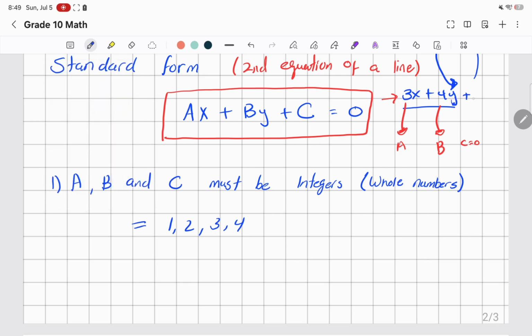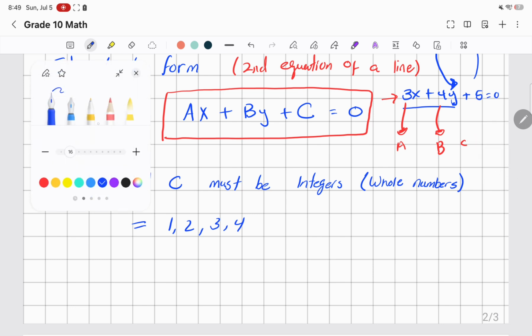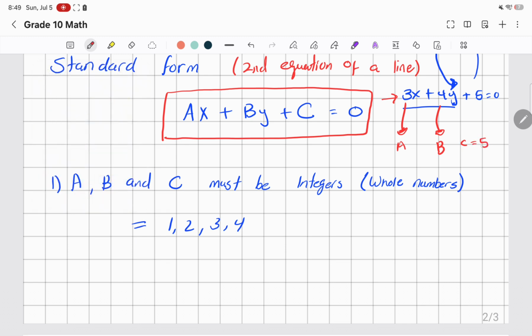So 4y plus 5 equals 0. Therefore, c will equal 5. Now, your a, b, and c, which are these numbers here, need to be whole numbers.